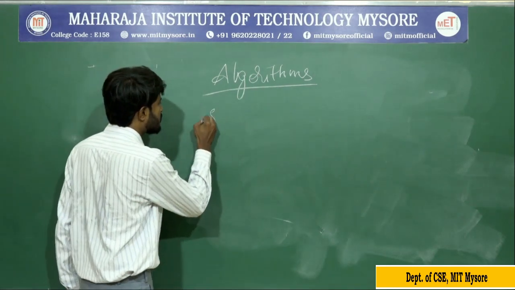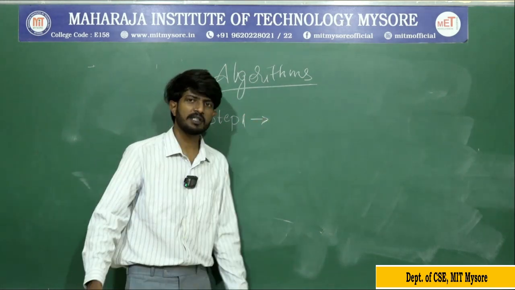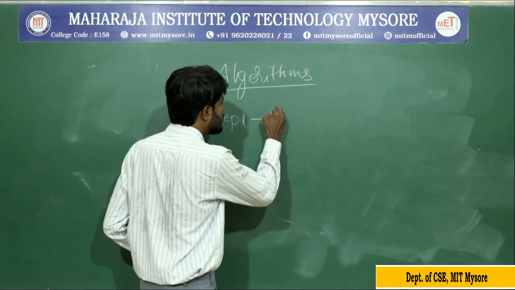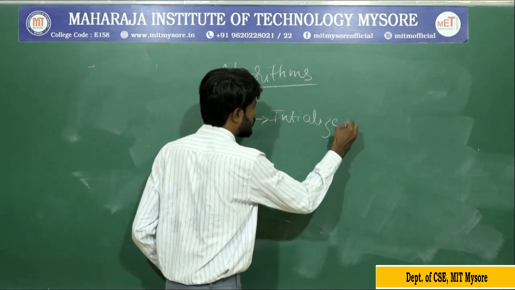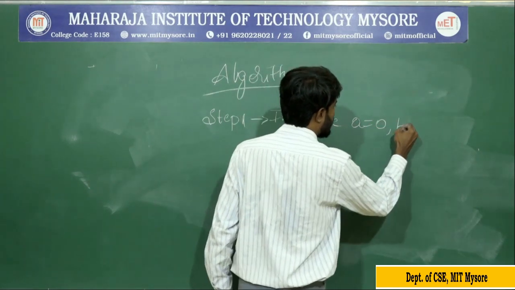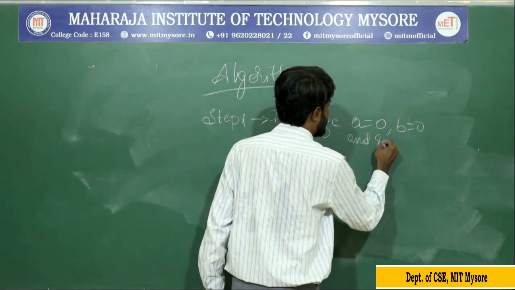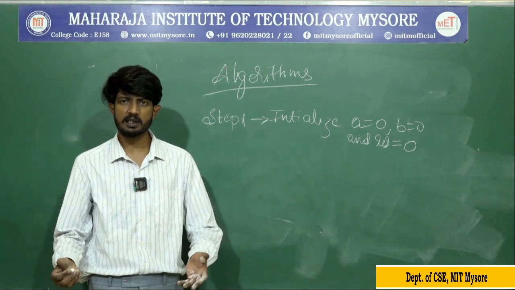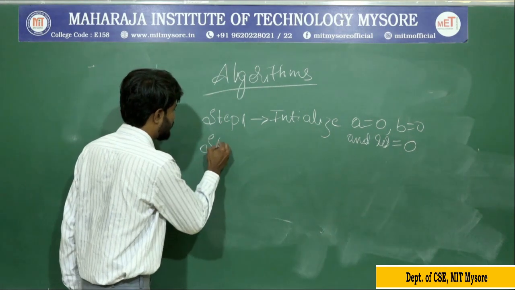Step 1. Firstly, we need to initialize our variables. Initialize A equals 0, B equals 0, and res, that is to store the result. So firstly, we need to initialize the variables which we are going to use. Next, step 2.